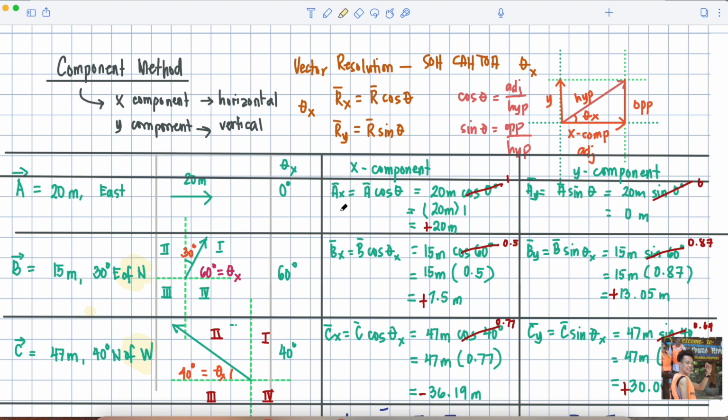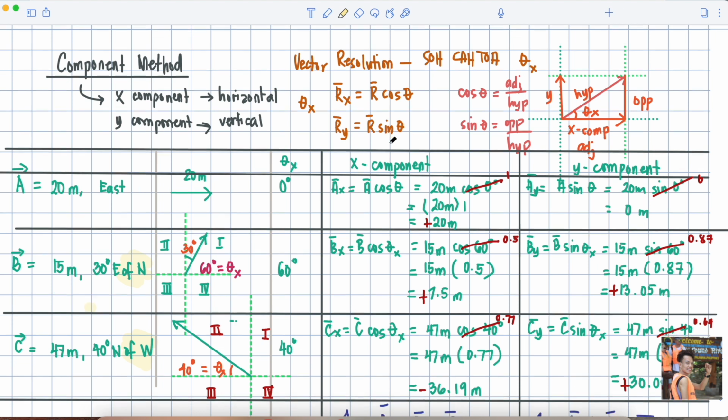Next, identify the angle the vector makes with respect to the x-axis. After that, solve for the components of the vectors using the formula x component rx equals r cosine theta. Y component ry equals r sine theta.